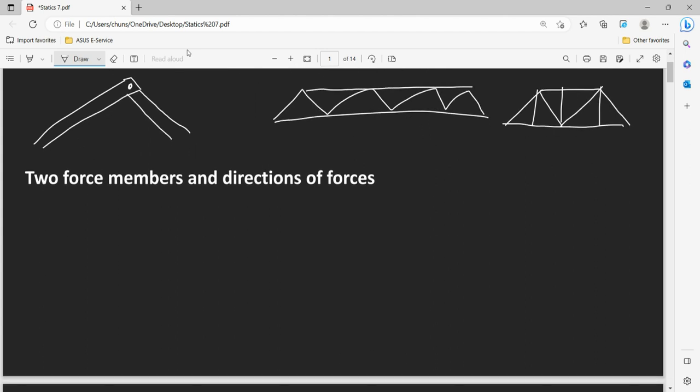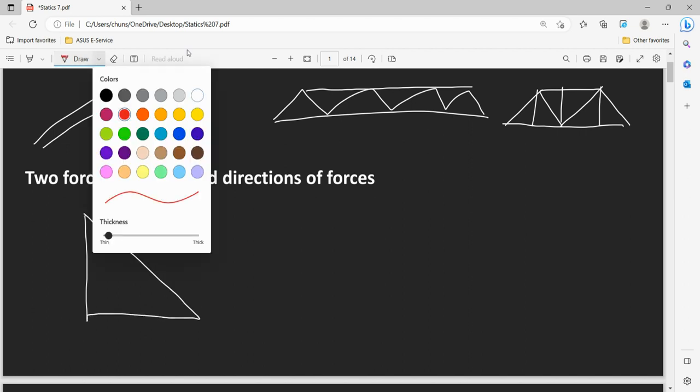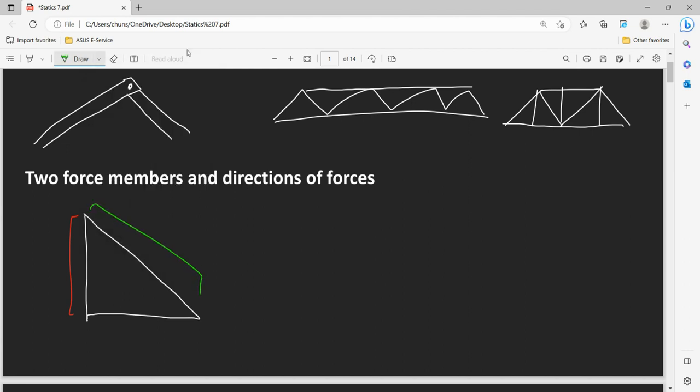I'm going to talk about two force members and directions of forces. So if we had a frame that looked like this, and we're going to separate it into 3 different sections. Sorry, I apologize, we're going to start with the pins.